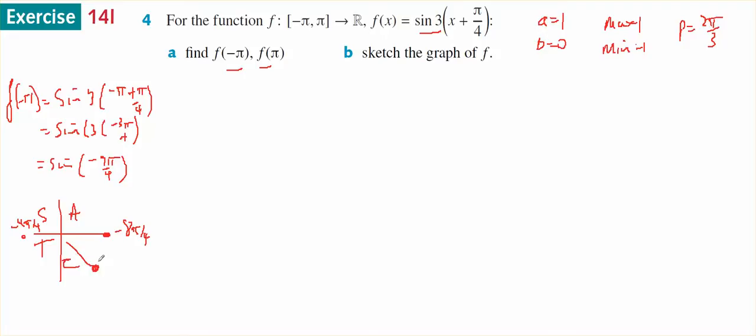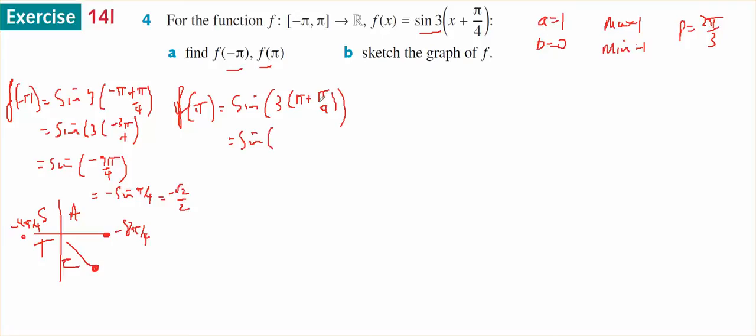Sine will be negative, so it's going to equal negative sine of pi on 4, which is negative root 2 on 2. If I'm looking for the function of pi, then it's going to be the sine of 3 times pi plus pi on 4, which is the sine of 15 pi on 4.